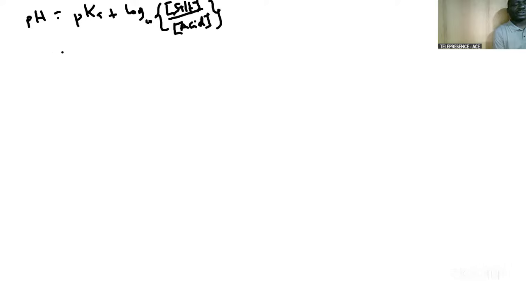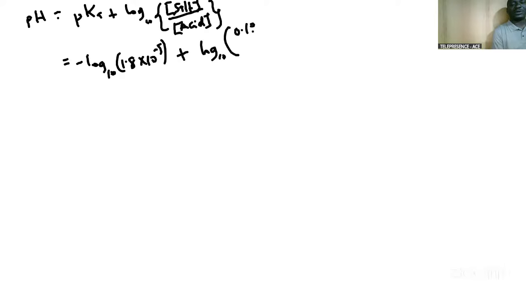And of course, this equals minus log to base 10 of 1.8 times 10 to the power of minus 5, because that's what the Ka is, plus log to base 10 of 0.10 over 0.10.